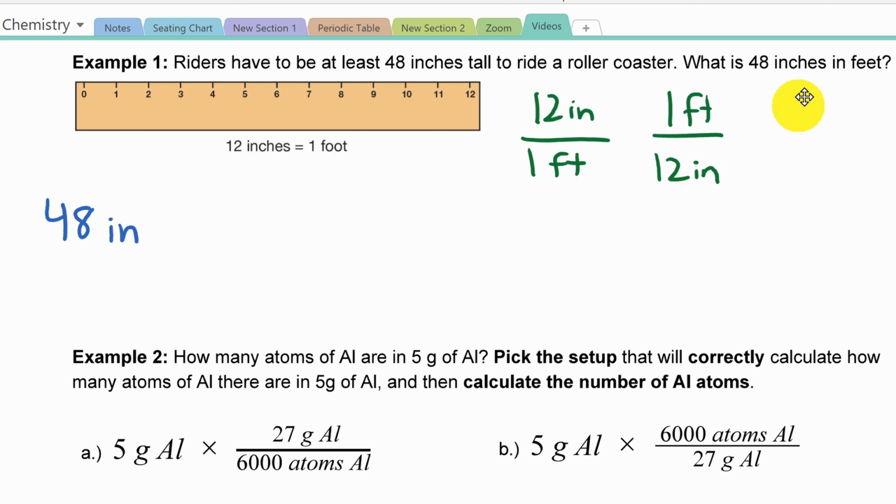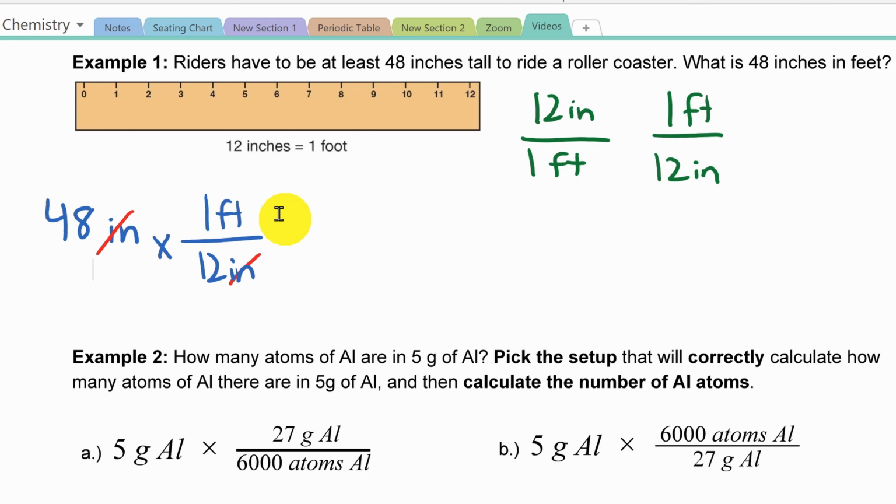We start off with inches, and we want feet in the end, not inches. So if we use this conversion factor, so times 1 foot over 12 inches, inches are in the denominator here, which will cancel out with inches over here, leaving us with feet, the intended unit.